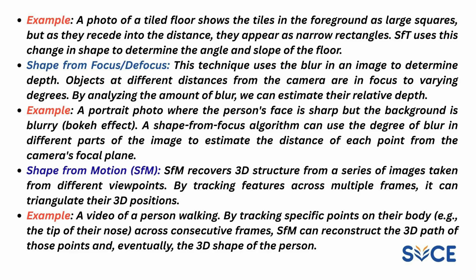For example, in a video of a person walking, we could track a single point like the tip of their nose by following its path across consecutive frames. The computer can triangulate its position in 3D space. Repeating this process for many points allows the full 3D shape of the person to be reconstructed.